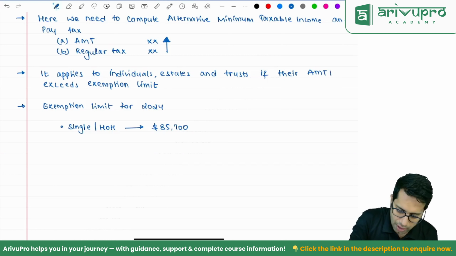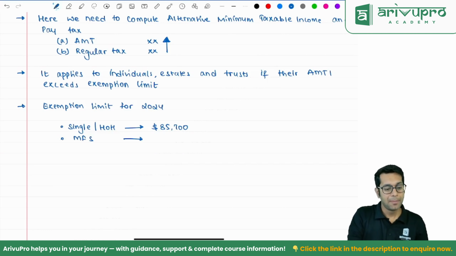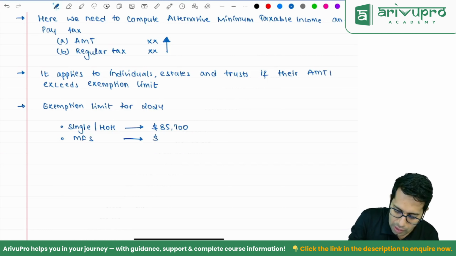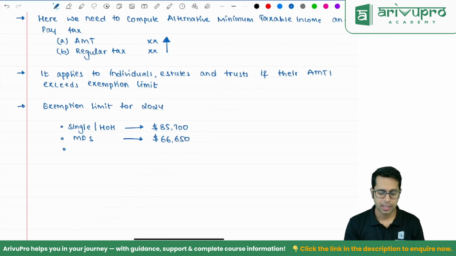Similarly, the limit for married filing separately is $66,650.